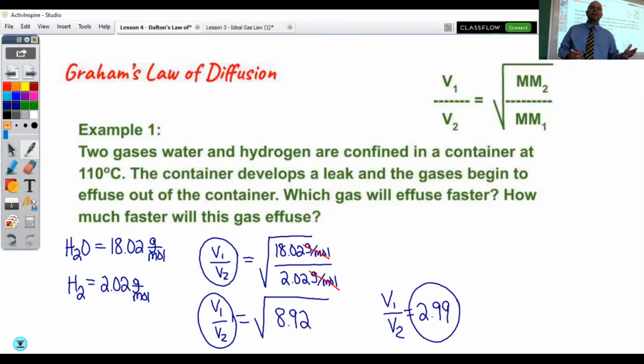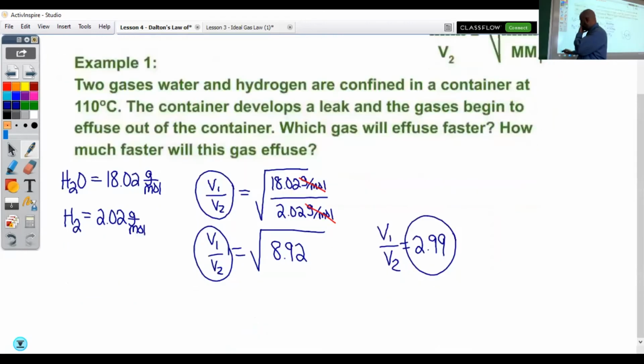Now, what does that number truly mean? So when we're doing a Graham's law of effusion problem, our final part will be a statement that explains the significance of the number that we just calculated. In this case, we're going to say that hydrogen travels 2.99 times faster than water vapor.